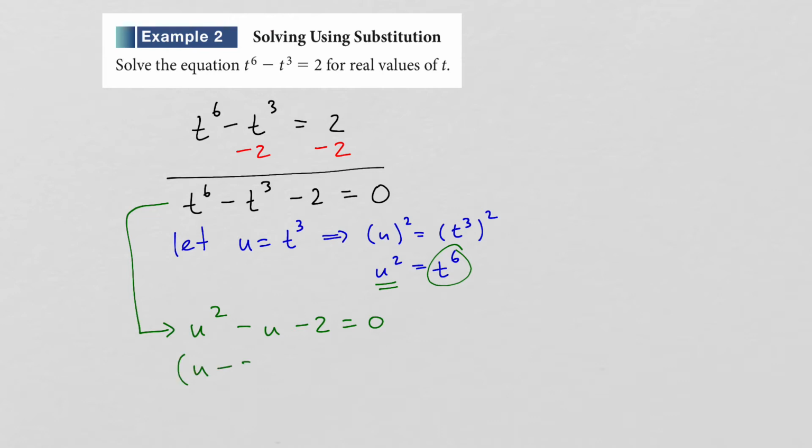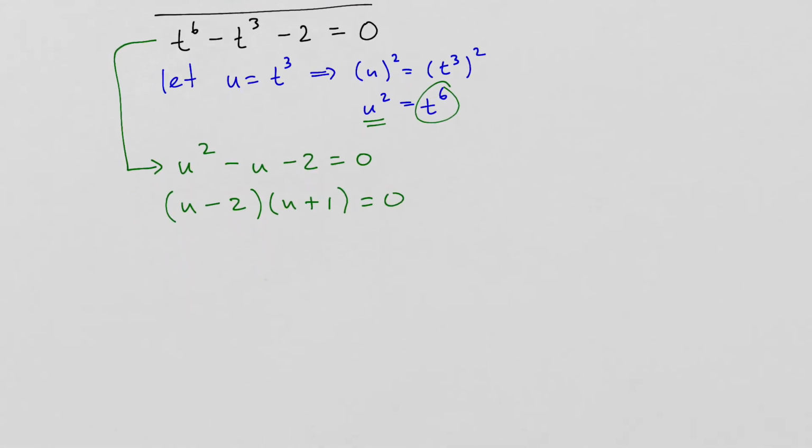And I can solve this by factoring, and once again, the factoring here is pretty straightforward. After that, we set each factor equal to 0 using the 0 factor property. And finally, solving for u, we get u equals 2 or u equals -1.